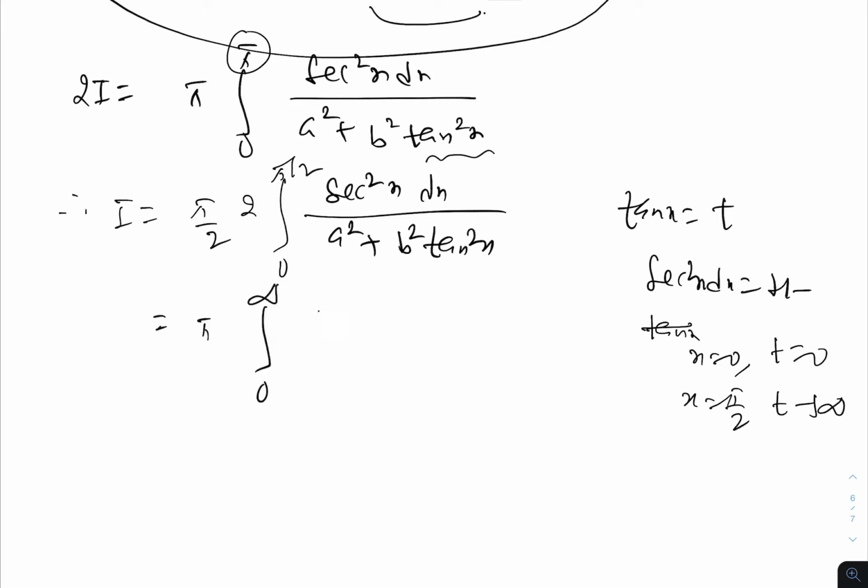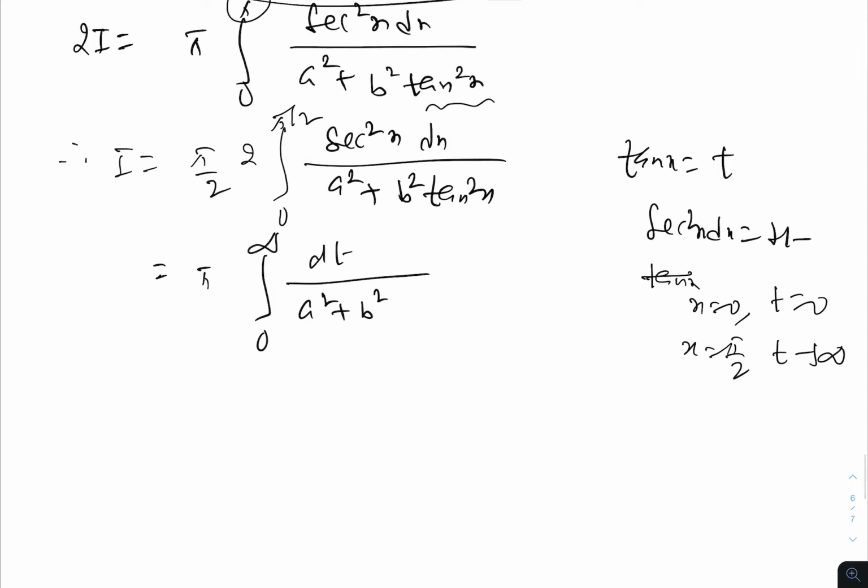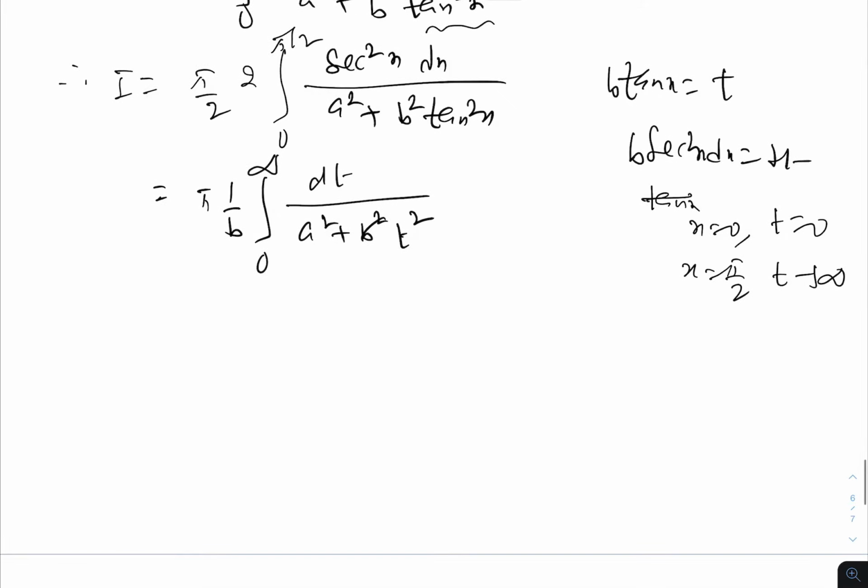Sec square x dx is dt, and this is a square plus b square. Can we take b tan x equal to t, so that this is t square. Let us try then. So b sec square x dx is dt, so sec square x dx is dt by b. The limits won't change. So this is equal to pi by b, and the integration is now very simple.